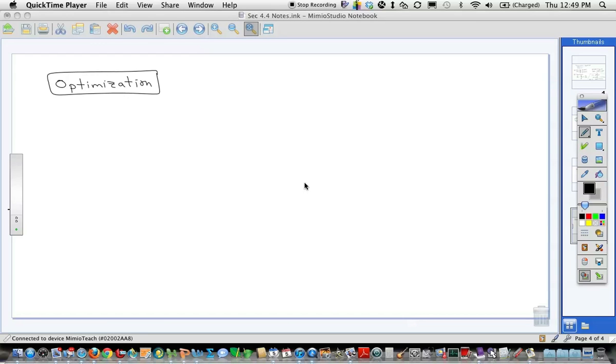All right, and the topic here is optimization. We're optimizing quantities. Now, optimize basically means the best scenario. The optimum situation is the best scenario. And for our purposes, that's going to involve maximum and minimum. Okay?